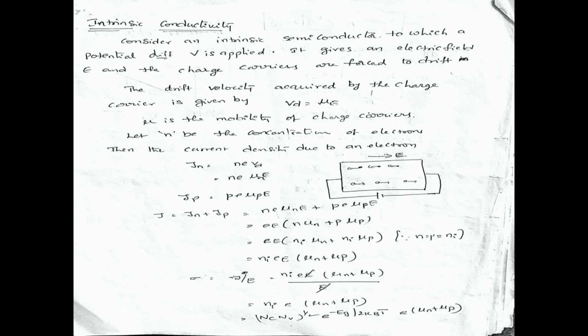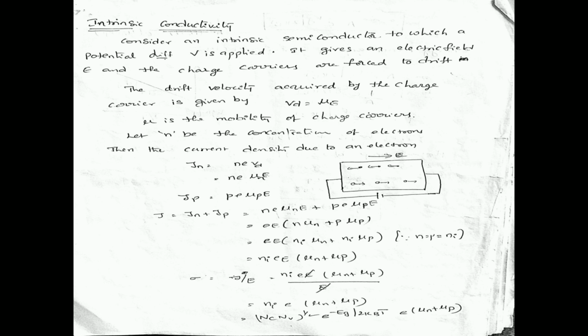Here we take n as the concentration of electrons, then the current density due to electrons, Jn, is equal to n e Vd.